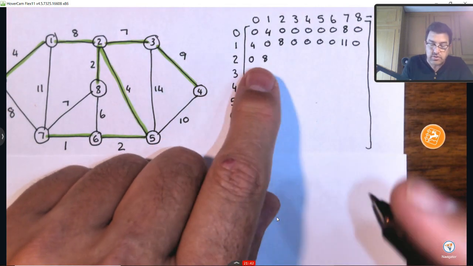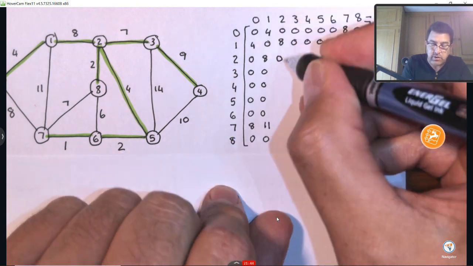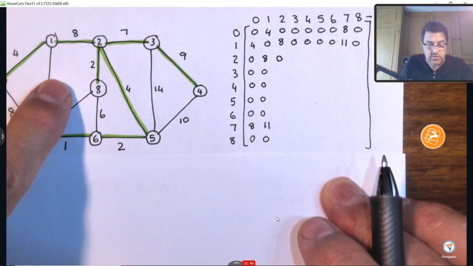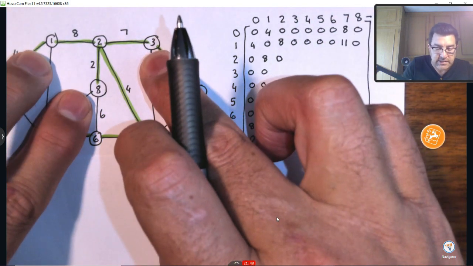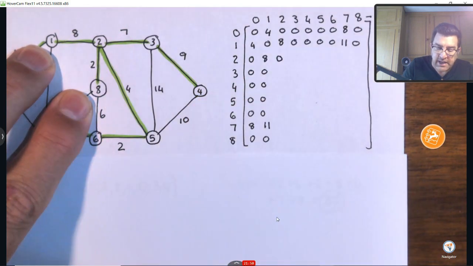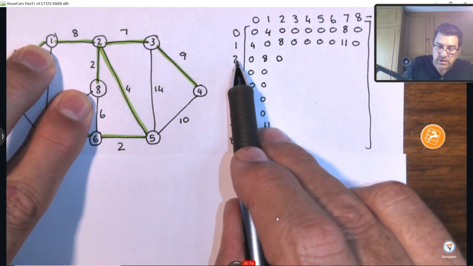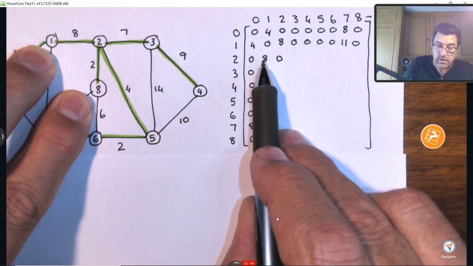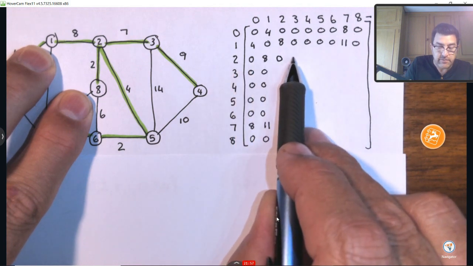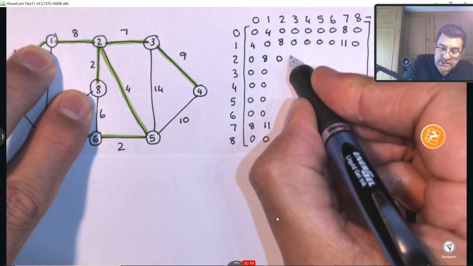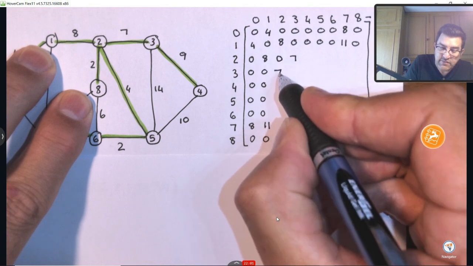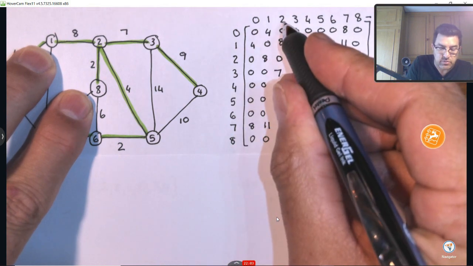Okay, we go to 2, 2. We record a 0 there. 2 connects to 3 vertices: 1, 3, and 8. So 2 connects with 1, with 3, with a weight of 7 there. So the weight 7 here between 3 and 2.